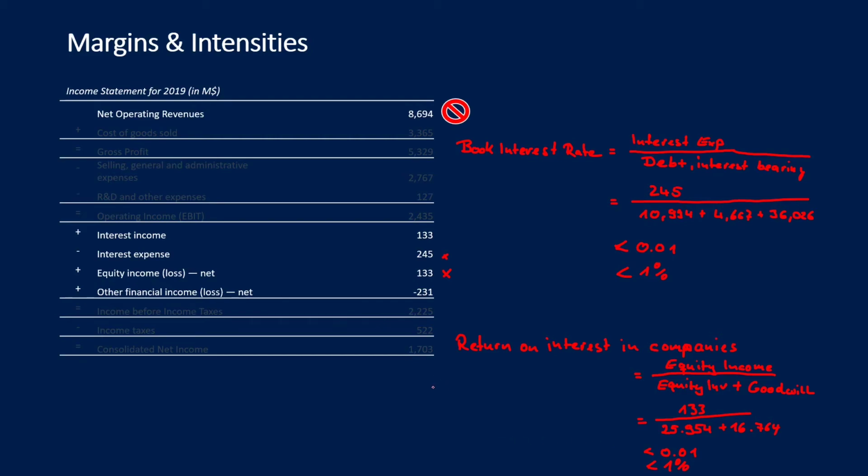This can already be an indication of problems with those companies that we hold. So, an indicator for weak performance of interest in companies.